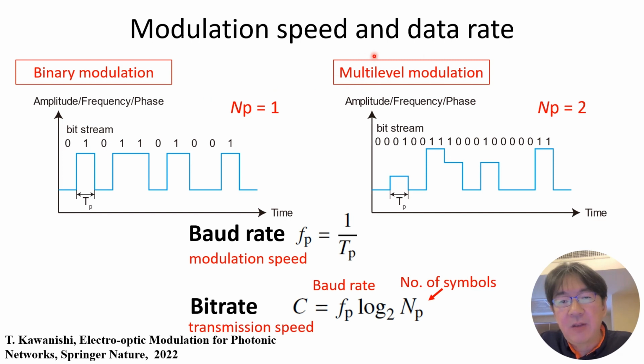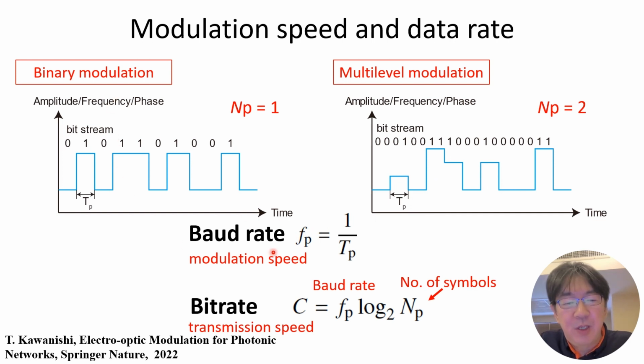Another one is multi-level modulation. We can send two or more bits in each modulation step. For example, by using the 4 level, we can send 2 bits per one modulation step.